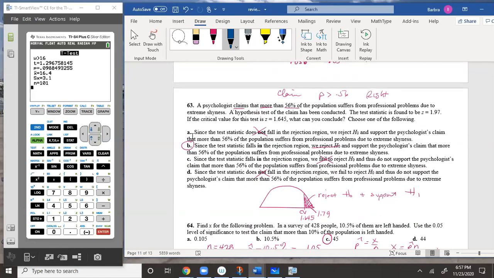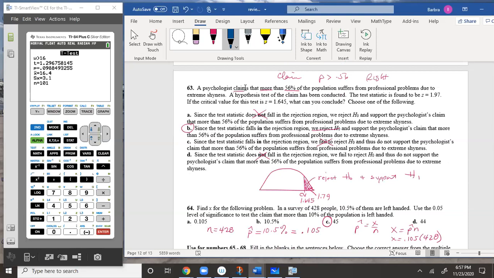All right, 63. A psychologist claims that more than 56% of the population suffers from professional problems due to extreme shyness. A hypothesis test of the claim has been conducted. The test statistic is Z equals 1.97. If the critical value is Z equals 1.645, what can you conclude?